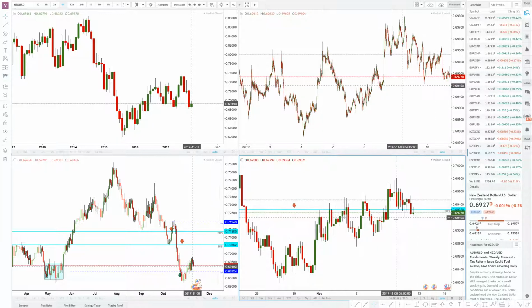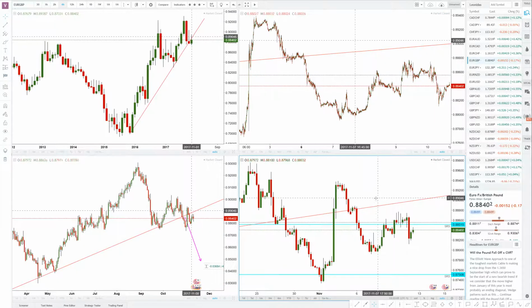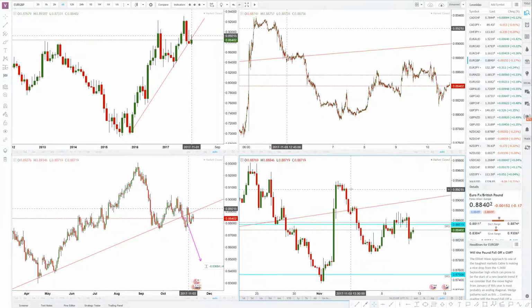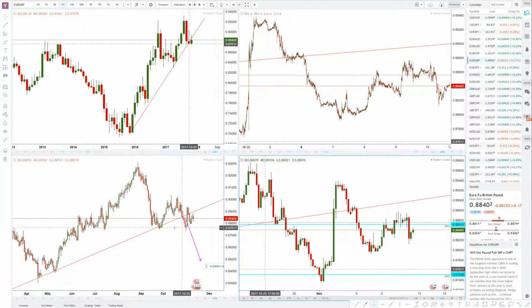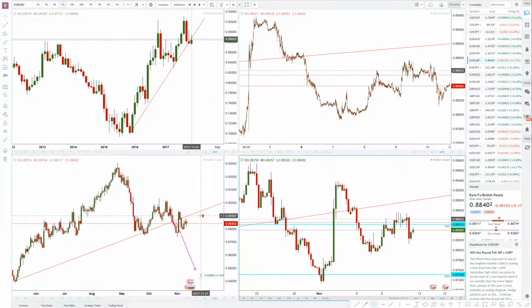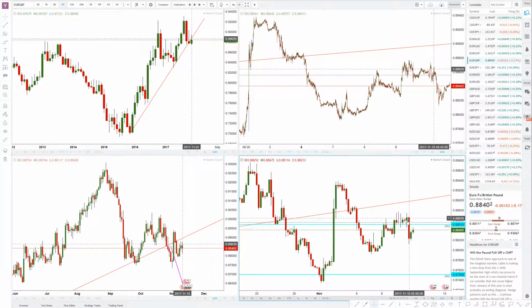I'm still long NU. I'm looking for that SRS to possibly short it. Euro, British pound, we said last week that it would go down. And from the 5th here, it did go down. It pulled back to that trend line here, and then went down, and then bounced up a little bit.